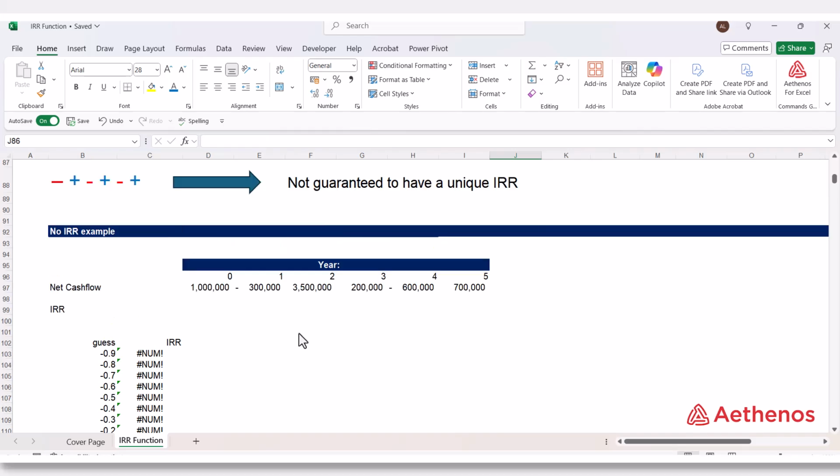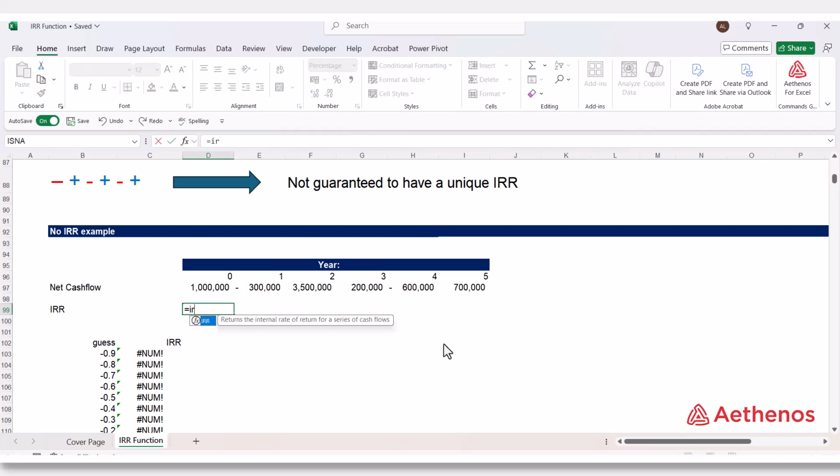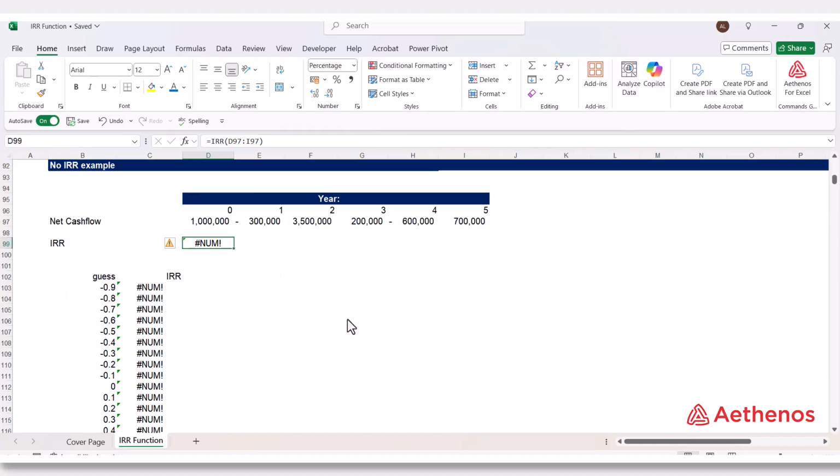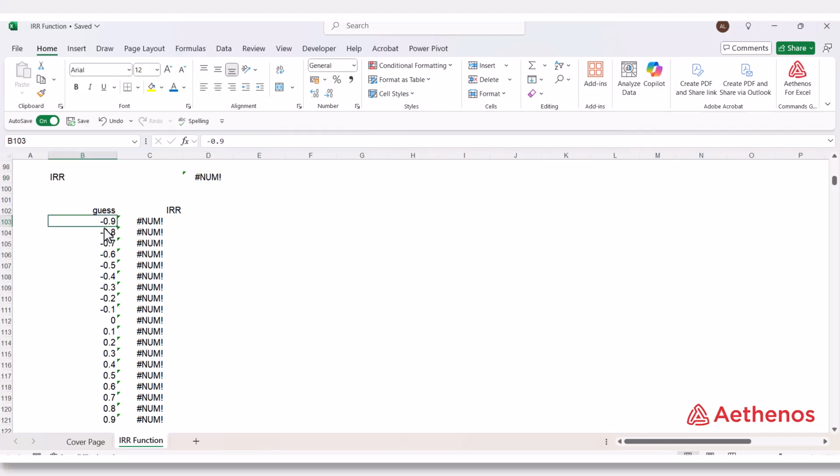Then there might be situations where we don't get an IRR, a no-IRR situation. Let's try these cash flows. If we put the IRR function here and apply the range, we get a hash error. That means there is no IRR for this cash flow. We can double check by using the guesstimate range like this.